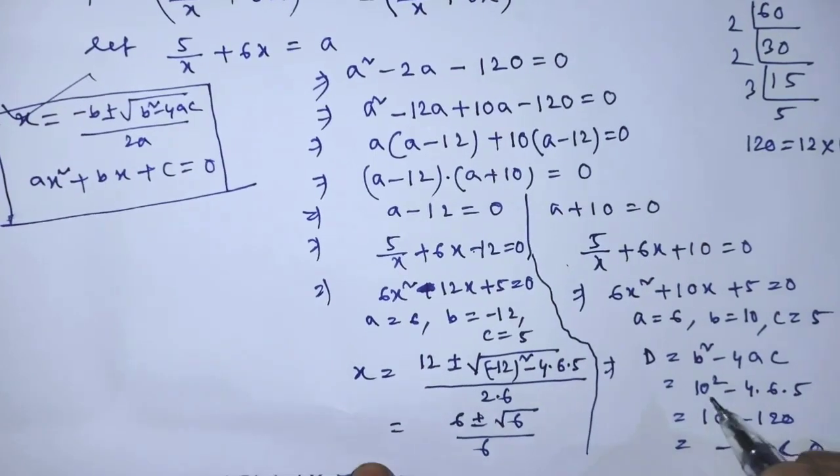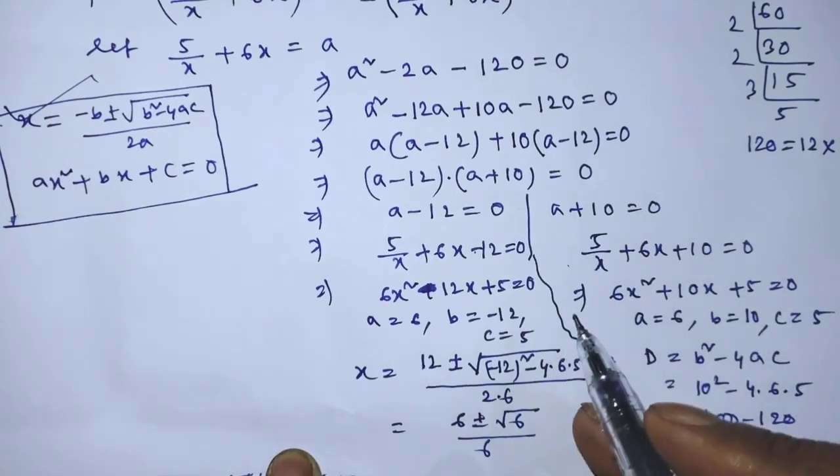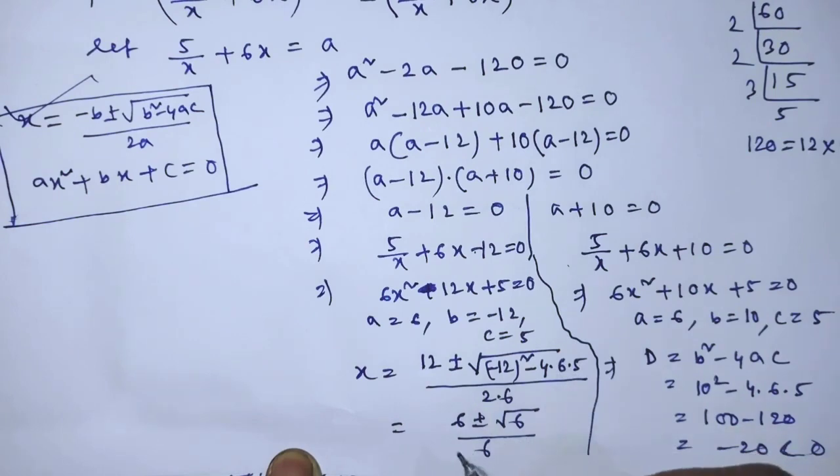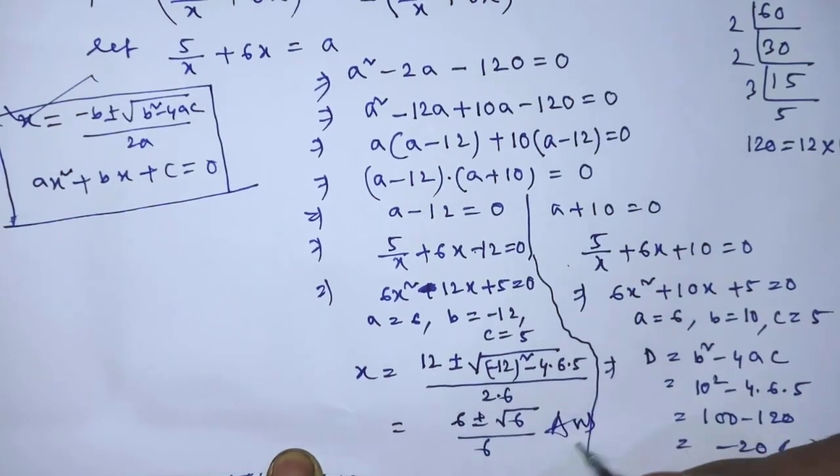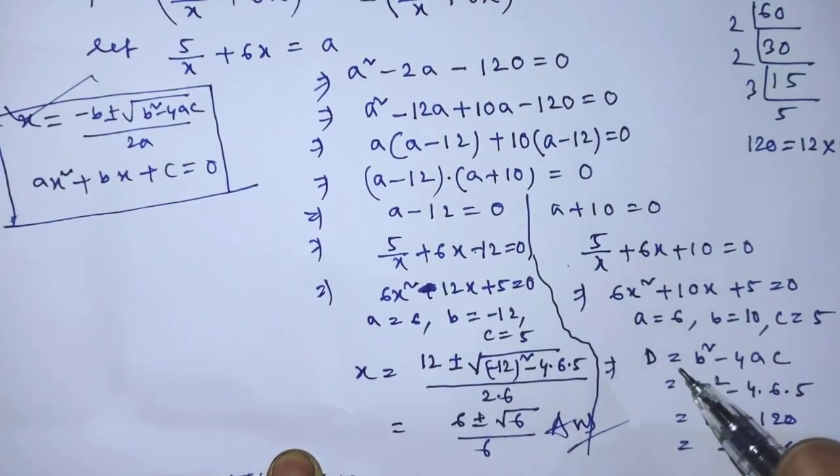So guys, the discriminant is less than 0. So this equation has no real solution. The real solution of the given equation is 6 plus minus square root of 6 over 6. So this is our real solution. So guys, our answer is complete.